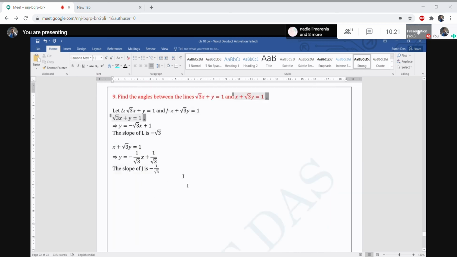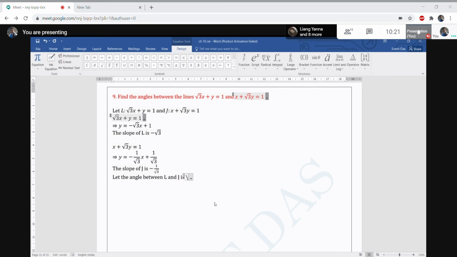Okay, so the angle between them formula, what is the formula? Let the angle between L and J be theta. Angle between them is theta. Therefore, tan theta is equal to, the formula was there, right?